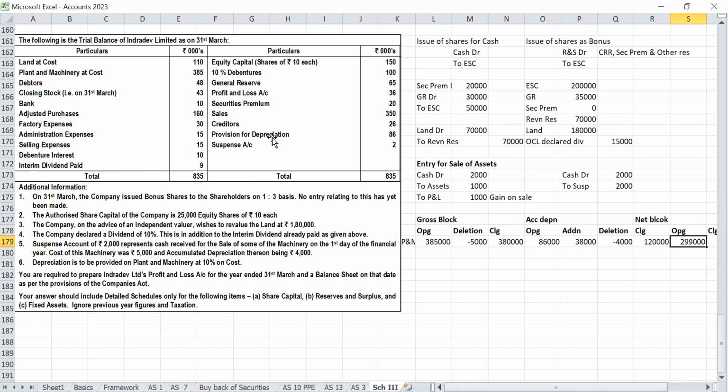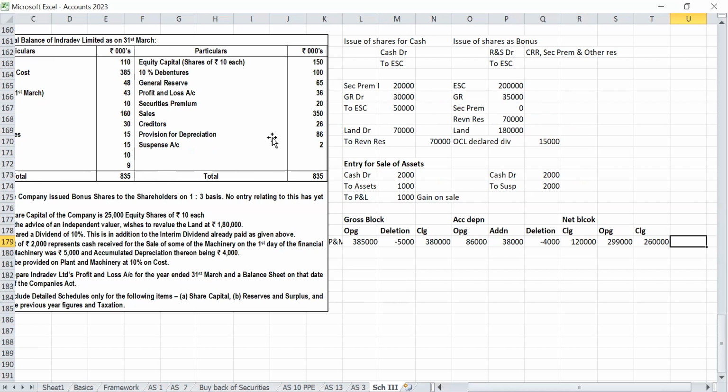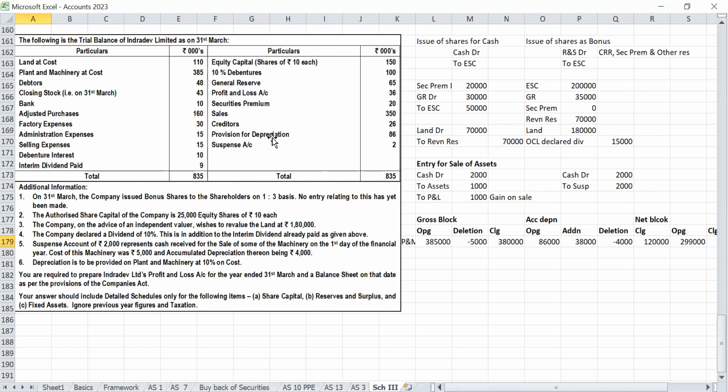Jyotsna, repeat again this note alone. Opening balance 3,85,000, and from that sale of machinery 5,000. So deletion is 5,000. Closing 3,80,000.